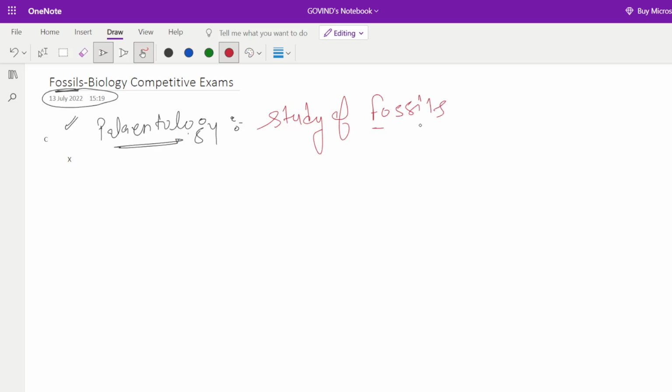Now it is very important to understand actually what fossils are. Sometimes, of course, many of us have confusions regarding fossils. But before I directly come to the fossil definition, let me break the word paleontology into two words. One is paleo, and the second is ontology.